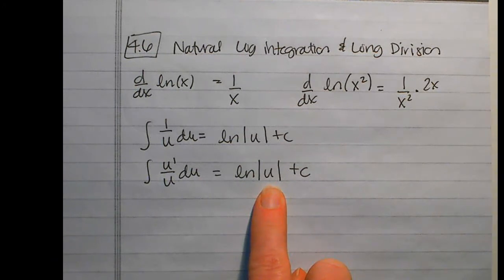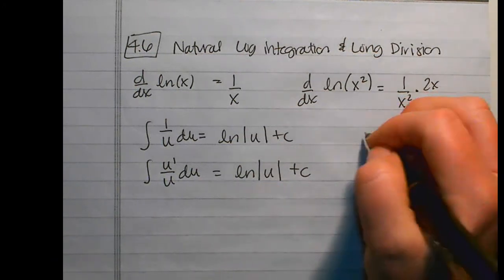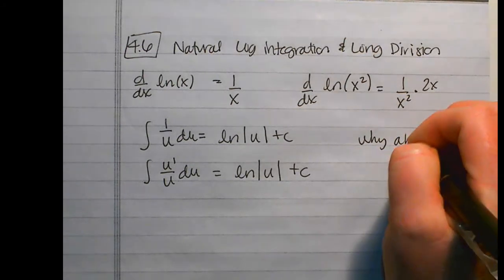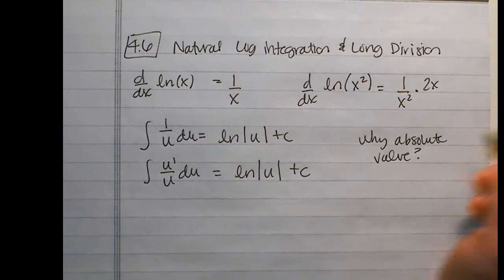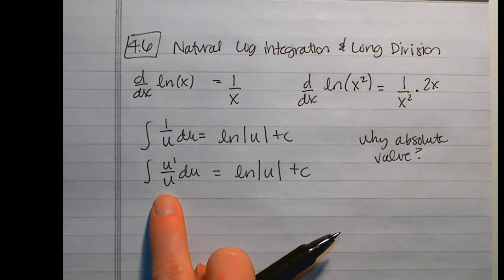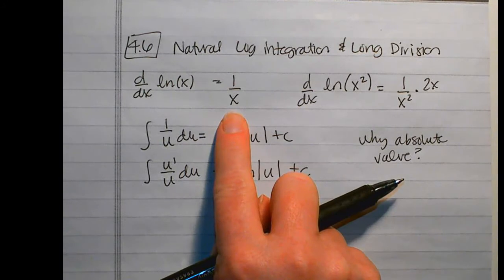And the reason for that is what? Why do we need absolute value? Well, it kind of has something to do with this. I mean, for example, 1 over x, if you look at that graph, what does it look like? So it does come from this. That's that crazy one, right?